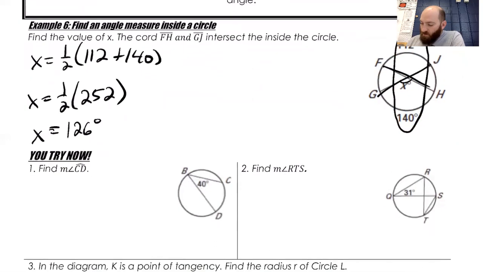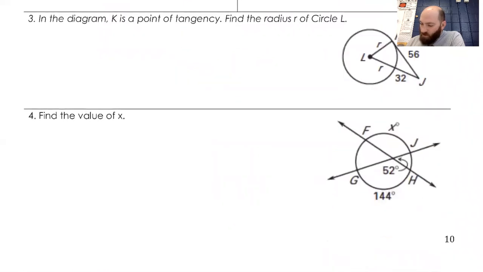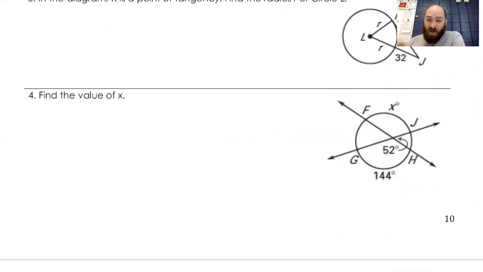All right. So we got some you try now problems here. Just to highlight number 4 real fast. I'm not going to do it, but let you try it on your own. When you look at 52, 52 is referring to this spot right here. And I'm giving you X and then this one. If you do the same thing that we just did, I would actually start this problem by doing supplementary angles there.